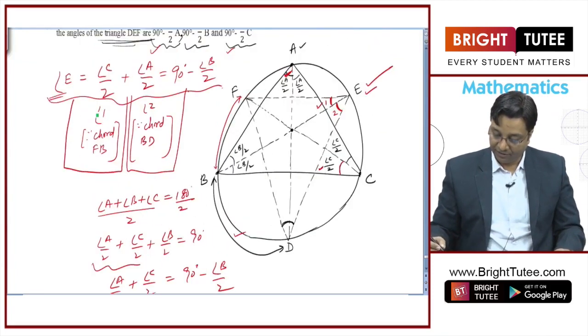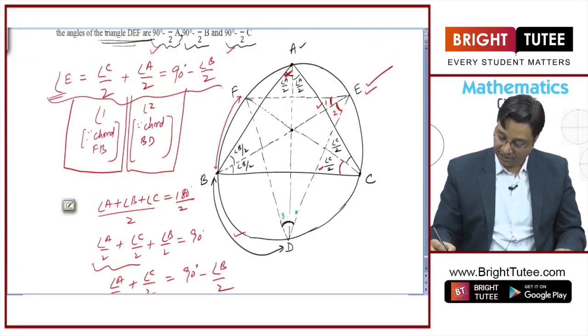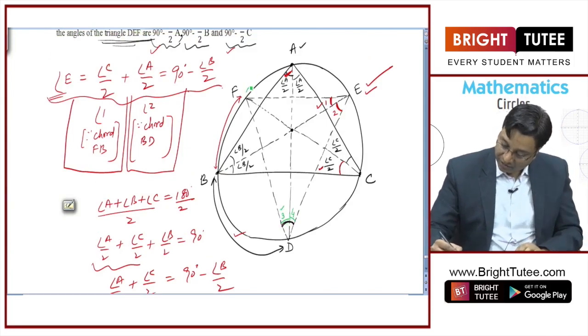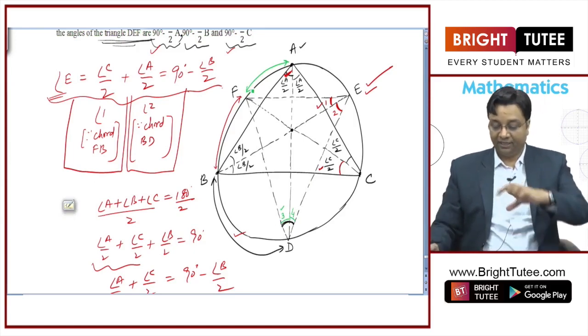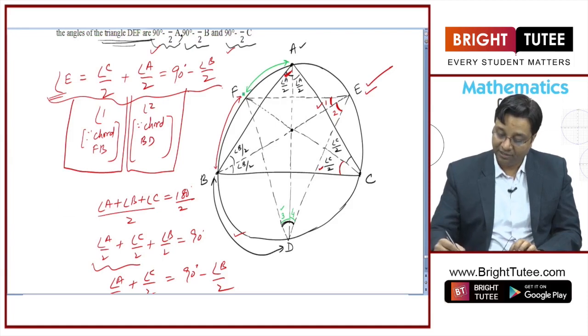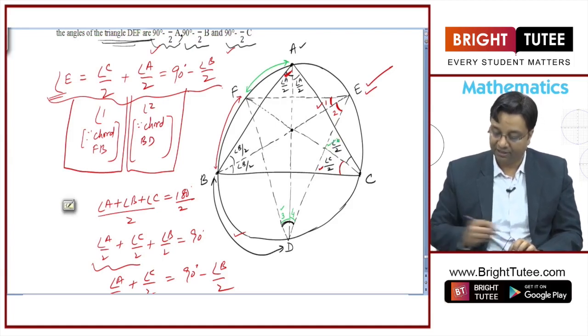So now consider this part of angle D as 3, and this part of angle D as 4. For angle 3, I will focus on this arc AF, right. Angle 3 is subtended by arc AF, and which other angle is subtended by arc AF? This angle, angle C by 2.